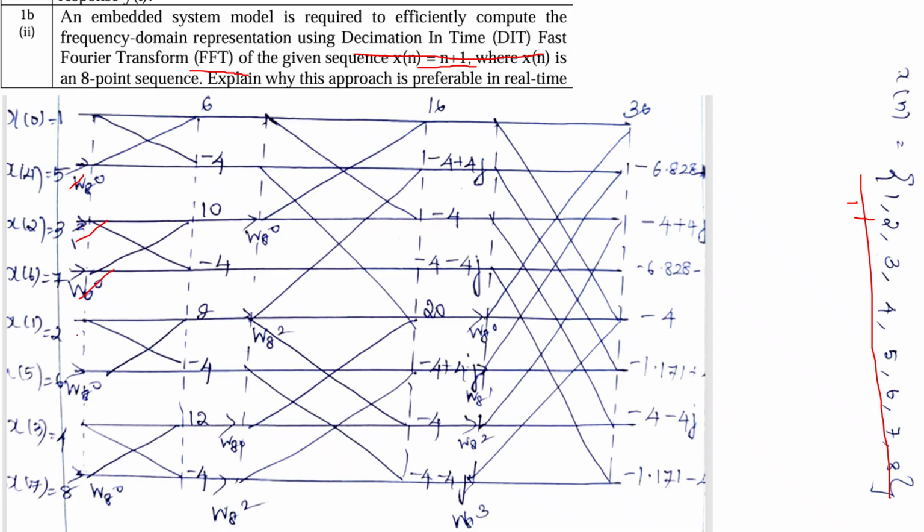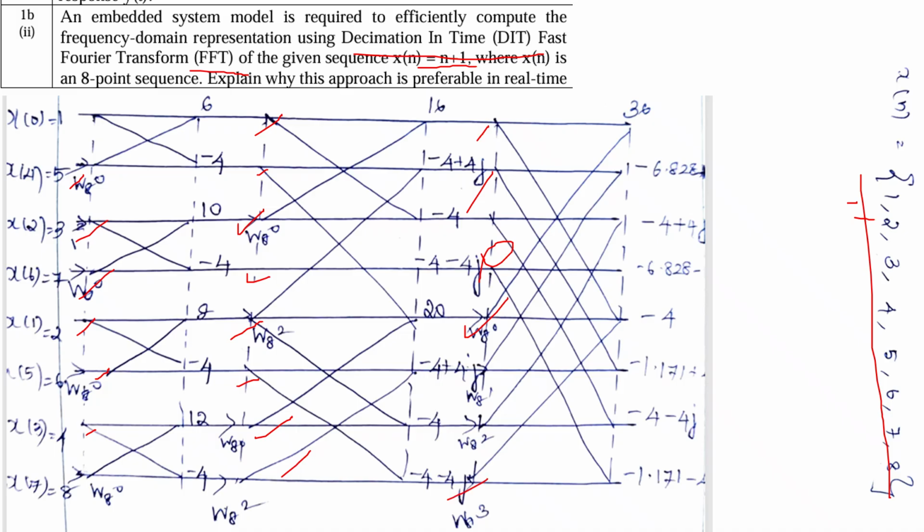Similarly for stage 2: no, yes, no, no. Now here yes and yes, again no, no, again yes, yes. Now for stage 3: no, yes, no, no, no, here also no, and here yes, yes, yes, and yes.